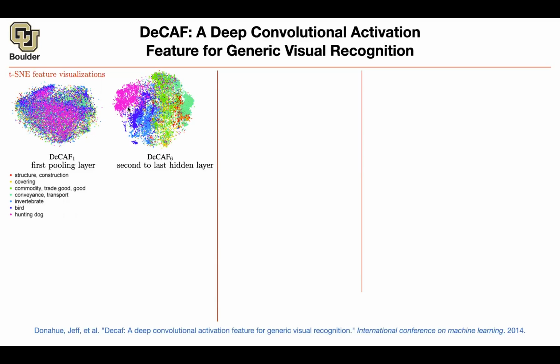But deeper into the network, they become more discriminative. You're going to be able to discriminate a hunting dog from structure, from the yellow ones, from birds, from invertebrates, the light blue one. But here, all of them are getting clustered together. Each dot that you see is an observation, and the color is the corresponding class. Now you see these are getting more discriminated in the deeper layer.